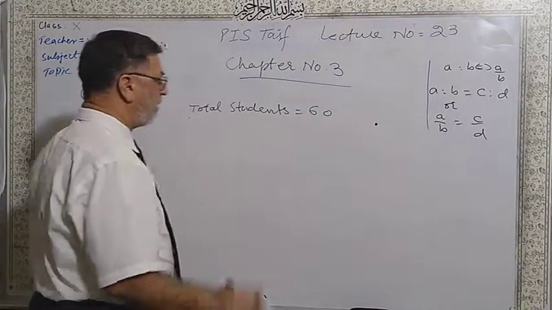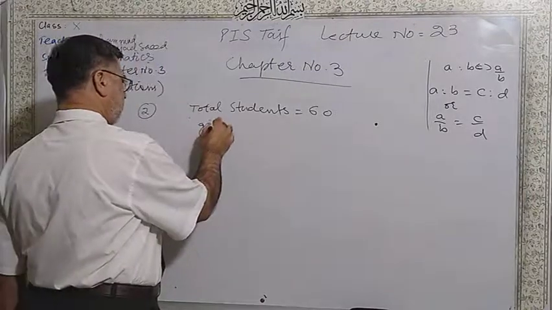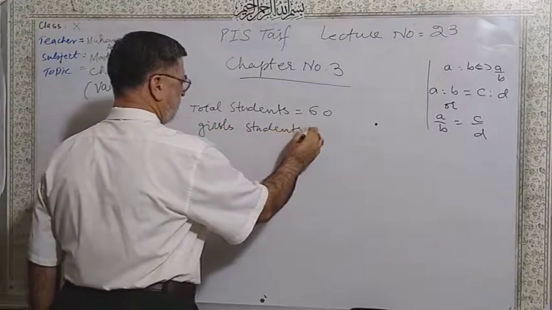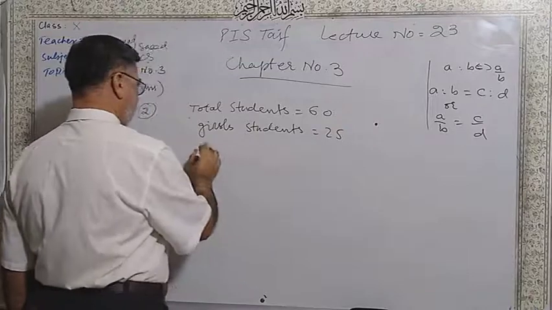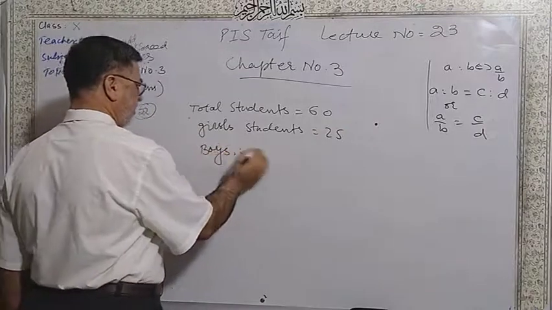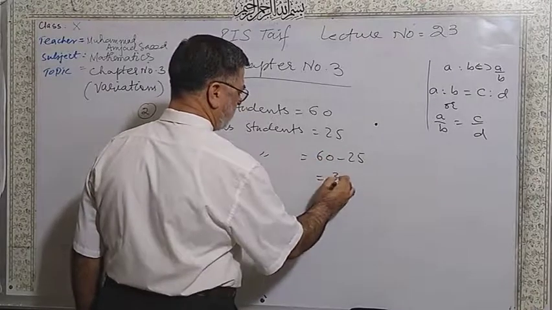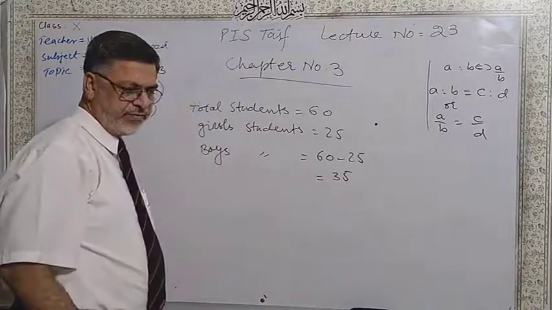Girl students are 25. Then boy students will be 60 minus 25, that will be 35.